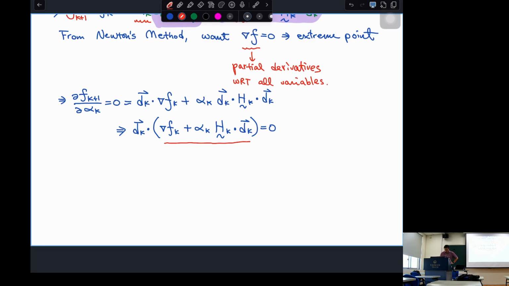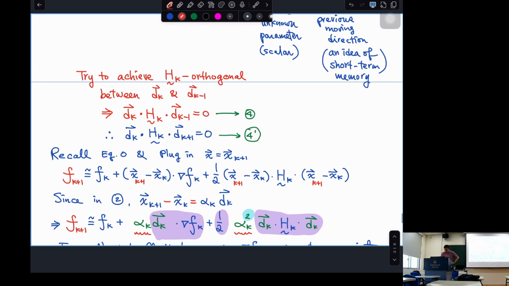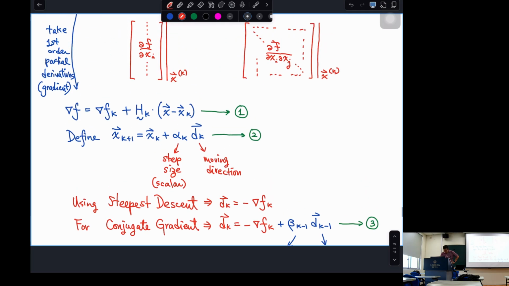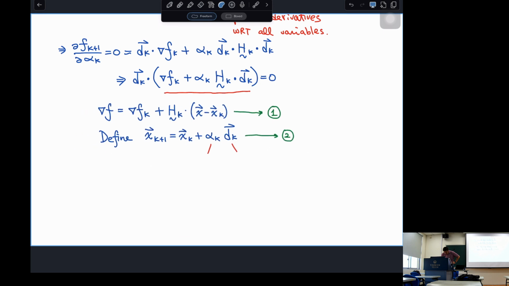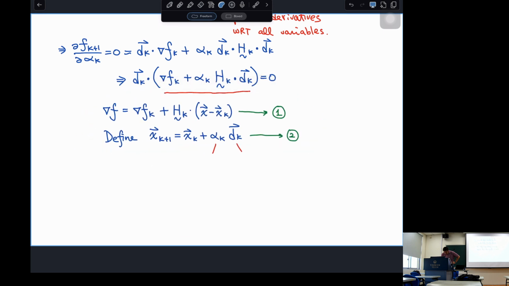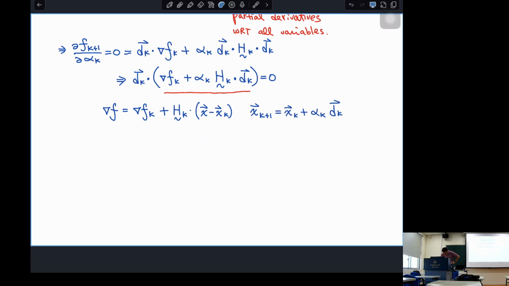From equation 1 and 2, what is equation 1 and 2? So here is equation 1. Oh, equation 1 and 2, let's just copy them, paste them here, and make some adjustments and move like this.